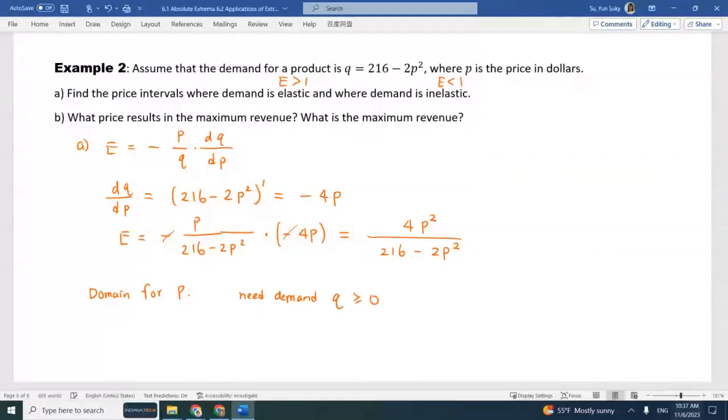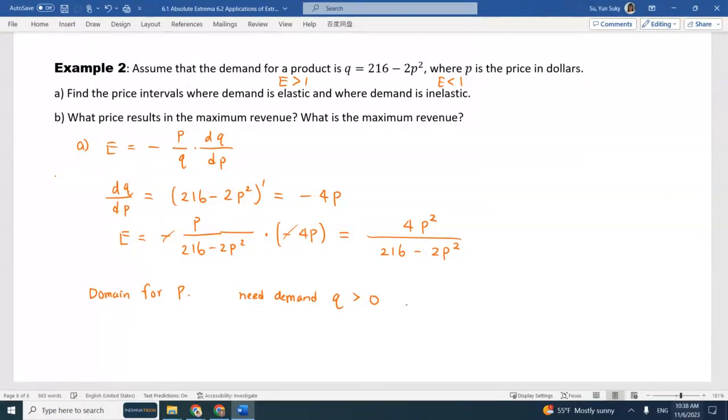Or if you don't want it to be 0, you can exclude the 0. You want the demand to be positive. You want somebody to buy your products. Do you agree? You don't want your demand to be negative, so nobody buys your product and you have to give them the product. Okay, so interesting. So Q is the demand. We need the Q to be positive.